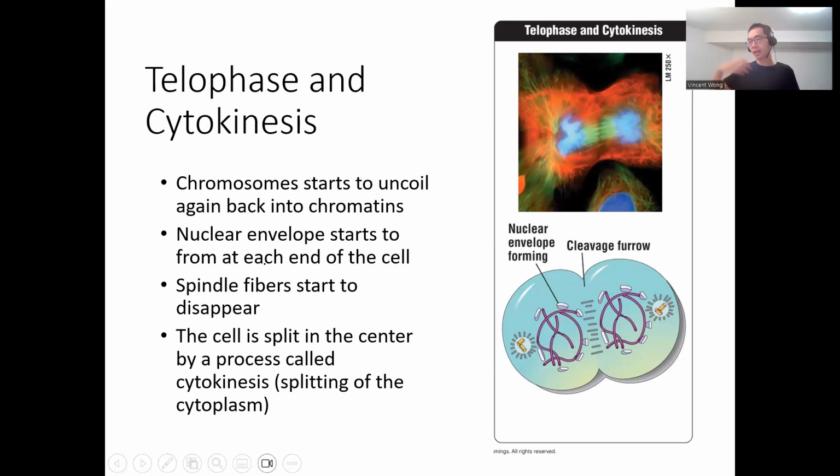They've done their job. They have already moved the chromosomes to where they need to be. So it's gone, and then the cell will split in the middle. The splitting of the cytoplasm is called cytokinesis. And you split, you have two cells. That's it.